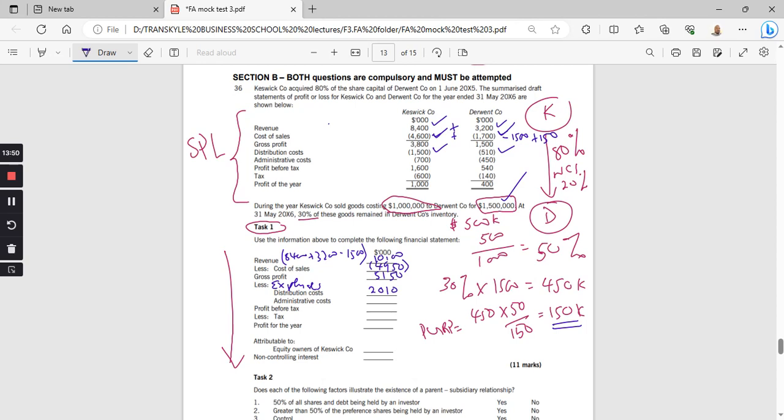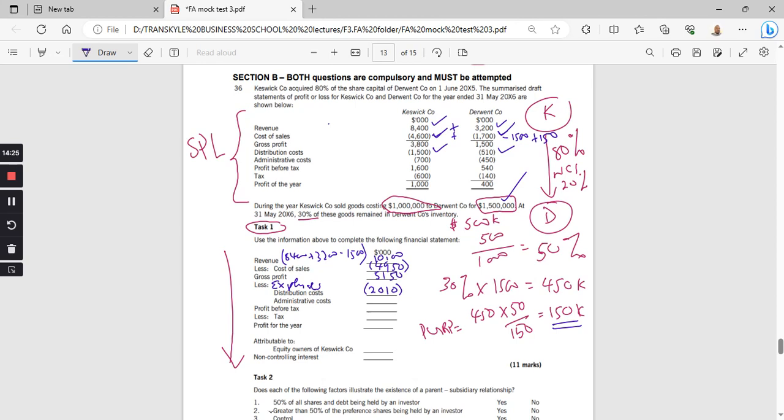Remember these are costs, so they should be in brackets. Please do not make the mistake of only taking the 20%. Remember, the new standard says that once control is achieved, the performance information is going to be taken 100%. So we are going to add 100% of it. Why? Because this subsidiary was acquired at the start of the year.